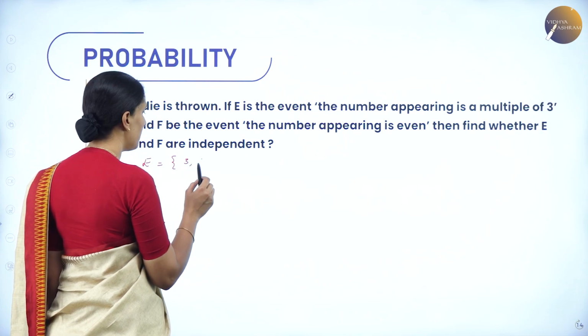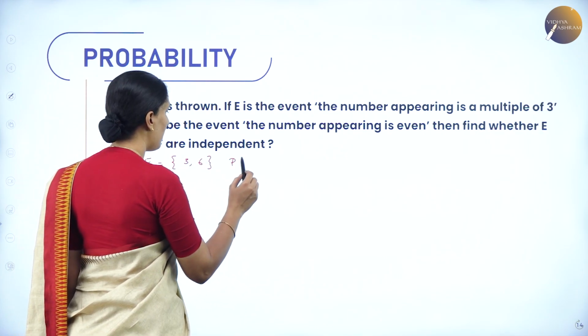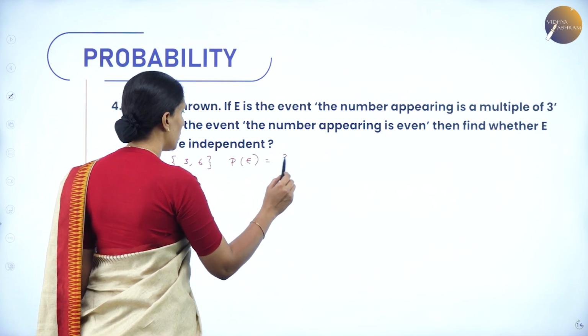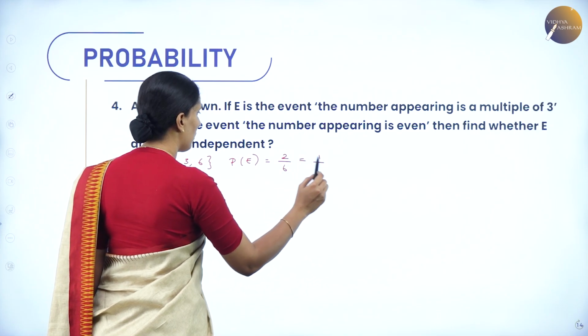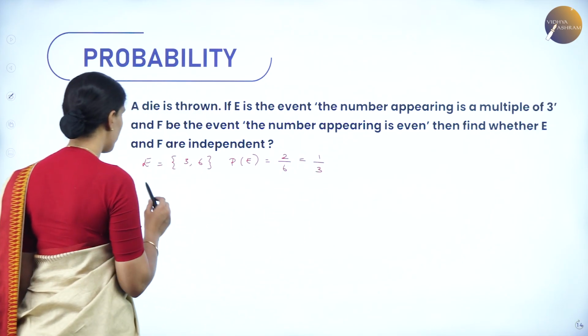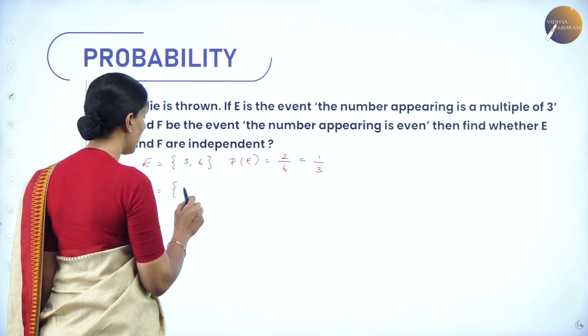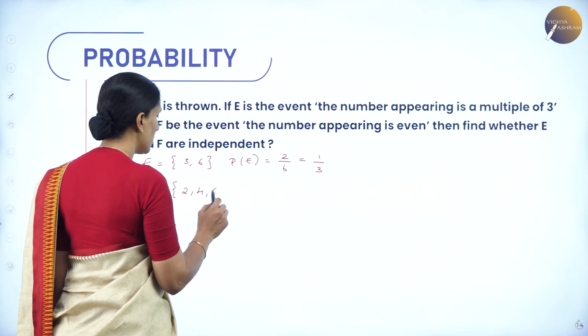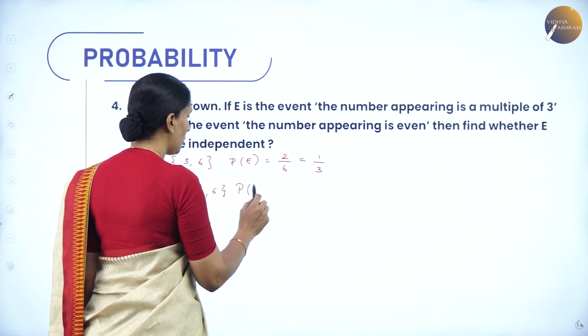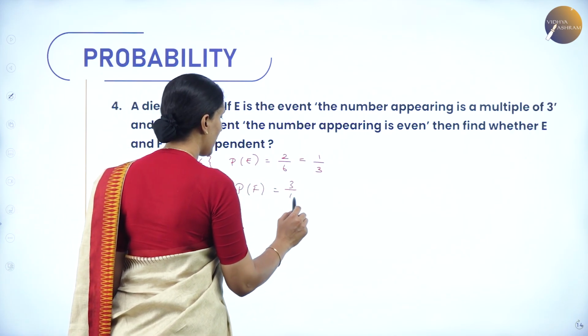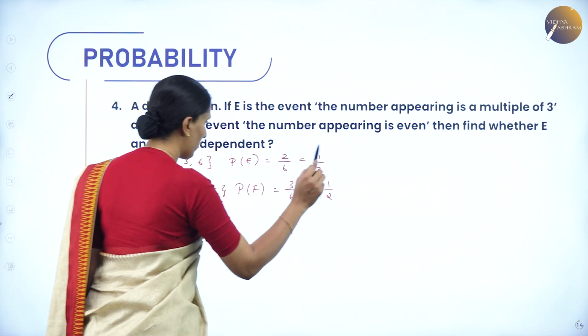So that is 3, 6. So probability of E will be 2 by 6, which is equal to 1 by 3. Next we are given event F, which is an even number. So 2, 4, 6. So probability of F is 3 by 6, which is equal to 1 by 2.